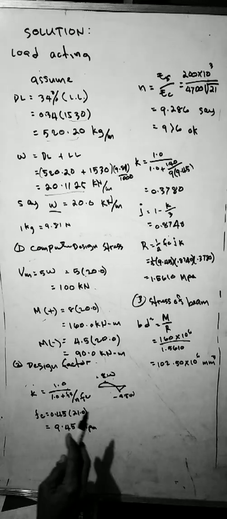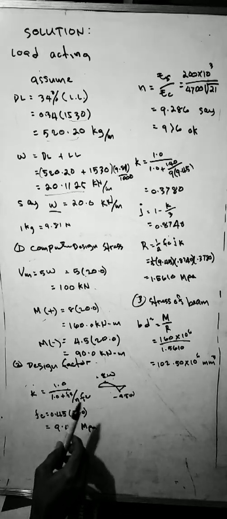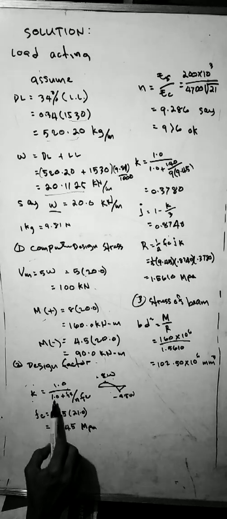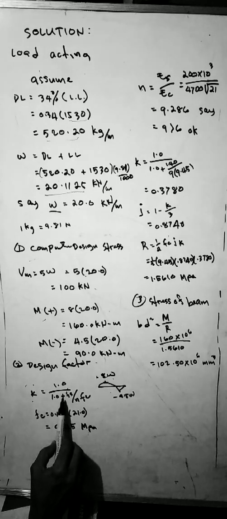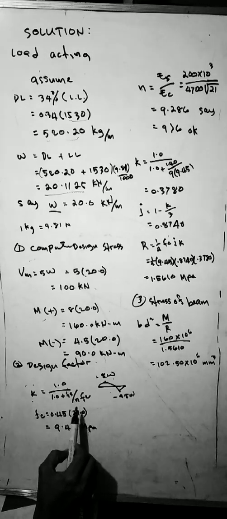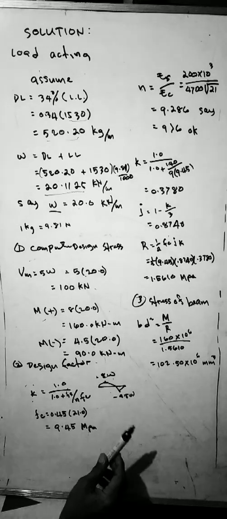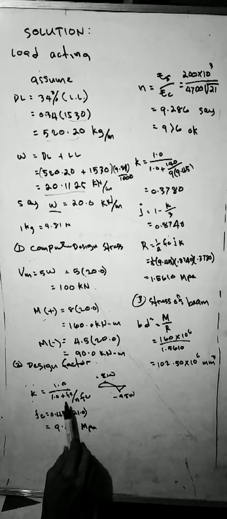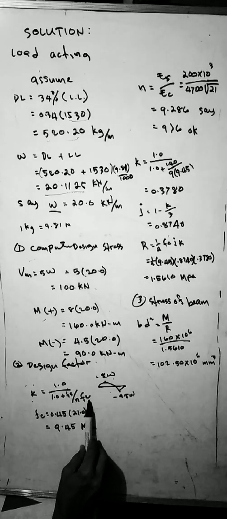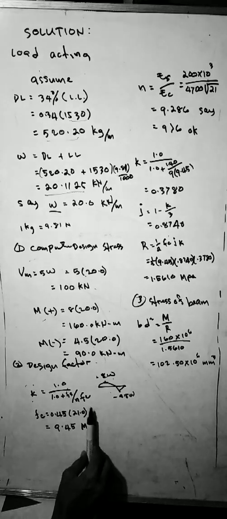Then after that, we compute the design factors. This is K, design factor, equals 1 over 1 plus Fs divided by n Fc. This is the specified tensile strength of the steel bar, this is the modular ratio, and this is the compressive strength of the concrete.